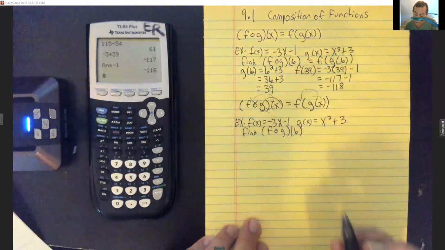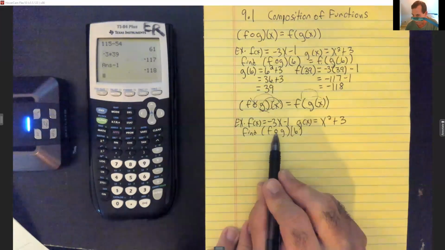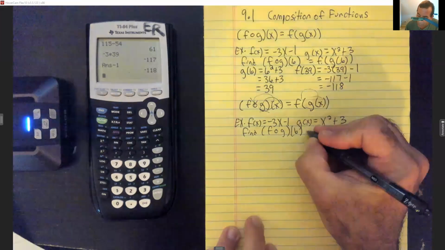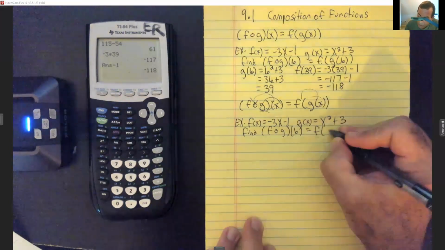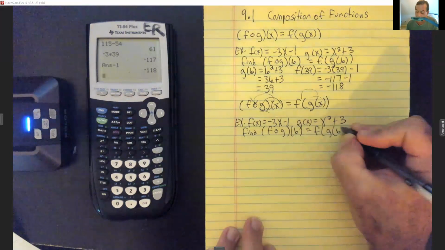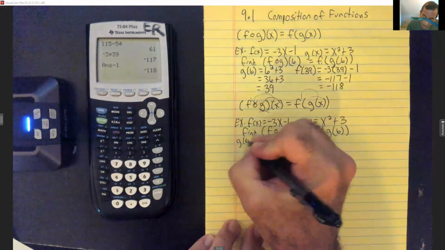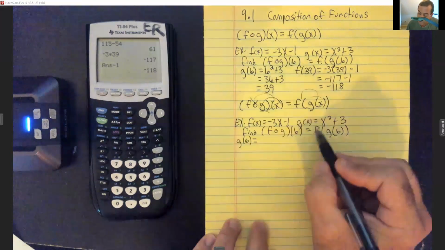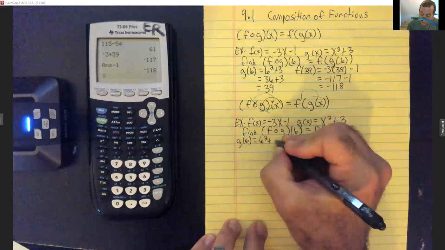I also wanted to let y'all know that that's not multiplication. That's just like a degree symbol there, okay? So f of g of 6 is really f of g of 6. The first thing I got to do is find g of 6. So to find g of 6, I take the g equation and put a 6 in for its x.